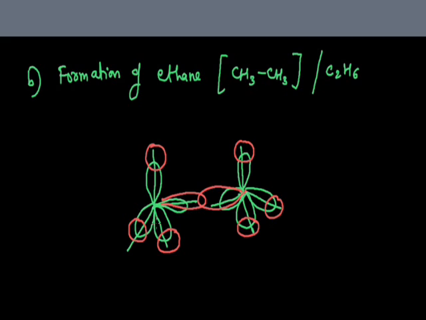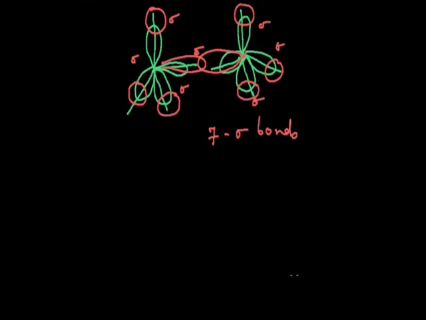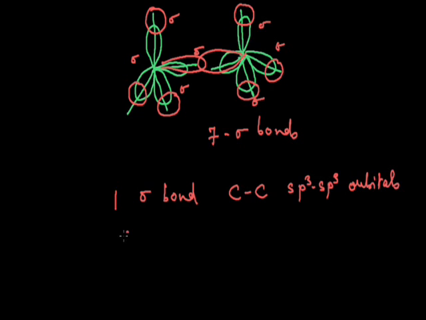So in the case of ethane molecule, we have 1, 2, 3, 4, 5, 6 and 7, 7 sigma bonds, out of which one sigma bond is formed due to the overlapping of carbon sp3 orbitals, while the rest of the 6 sigma bonds are formed due to the C and H, that is carbon-hydrogen overlapping.